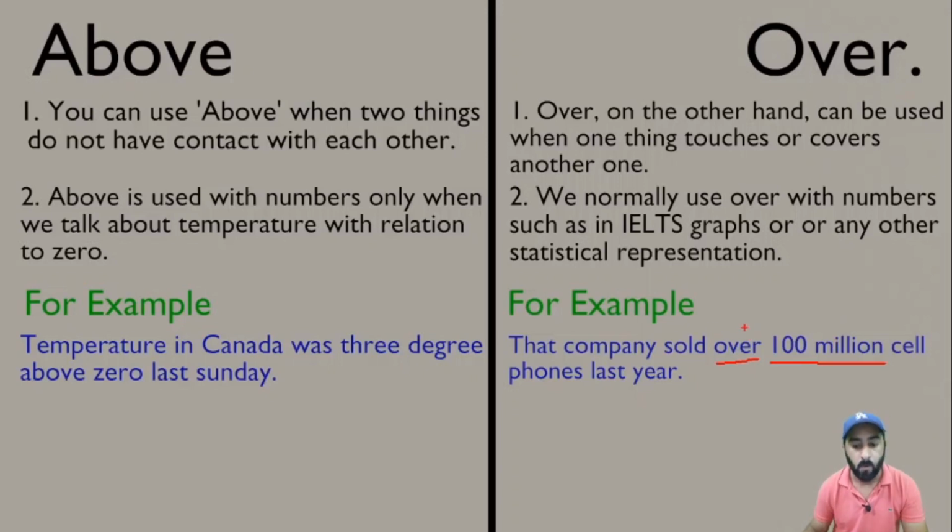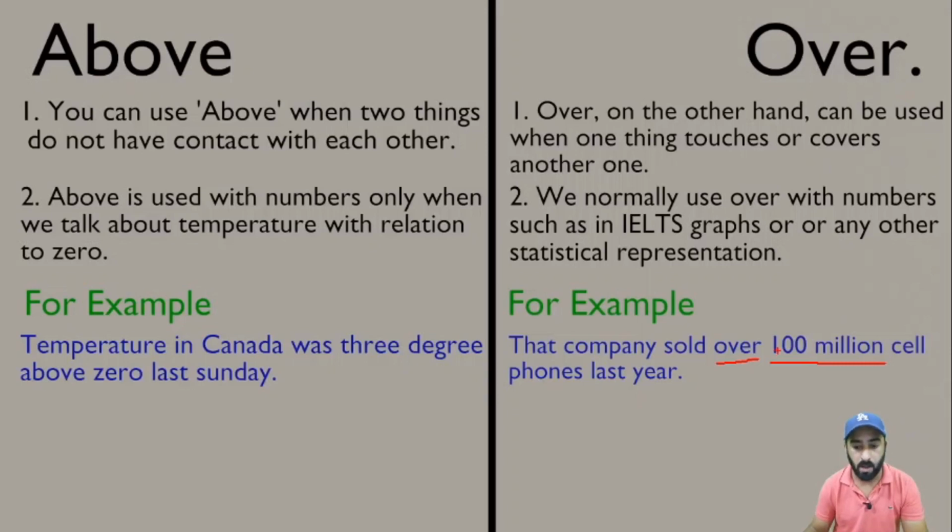So we can simply use over with any kind of figure, and most commonly in IELTS graphs. And if you use over in the graphs, other than whenever there's any relation with the zero in the temperature, you can easily bring accuracy in your IELTS graph content.